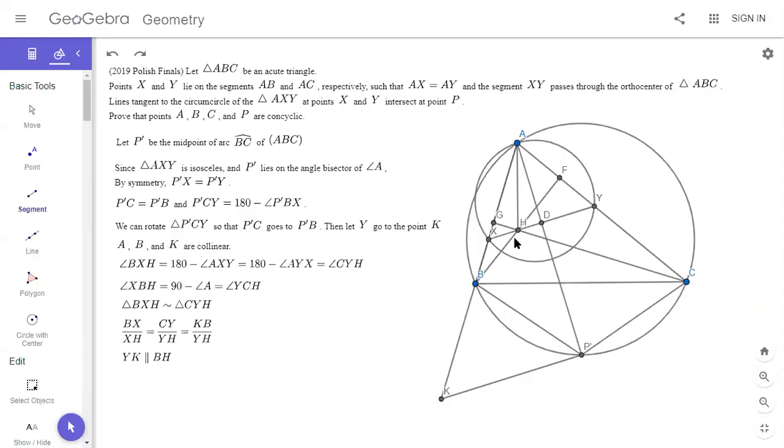So basically B would correspond to point H in those two similar triangles, right? And also we know angle BP prime K. We know the whole triangle BP prime K is congruent to CP prime Y.